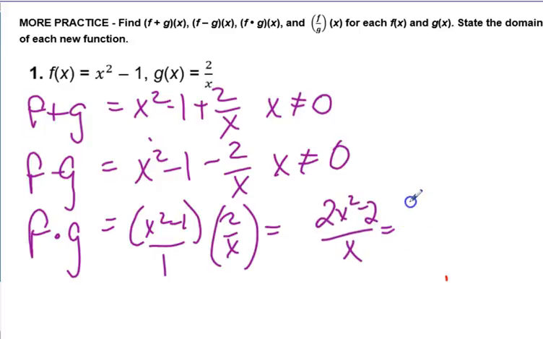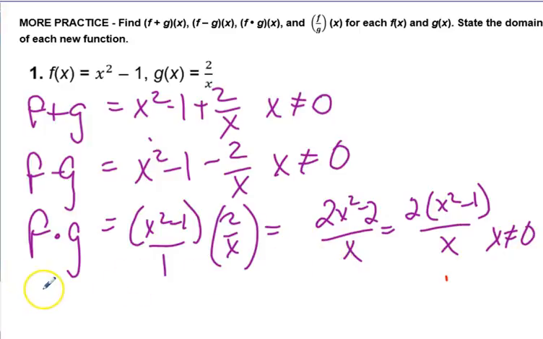If I left the 2 out, not distributed, I would have this. If I factored that further, I'd have an x plus 1 and an x minus 1. I don't care. Any of them are fine. There is still a restriction, though, that what? No, I don't care. X cannot equal 0. Yep. All right, and the really weird, tricky one.